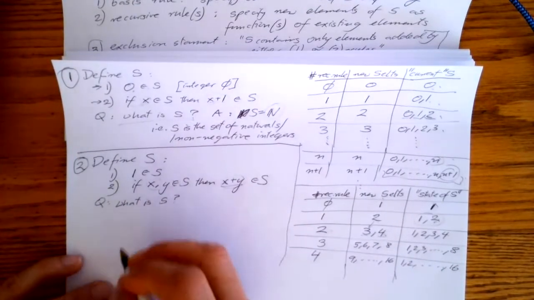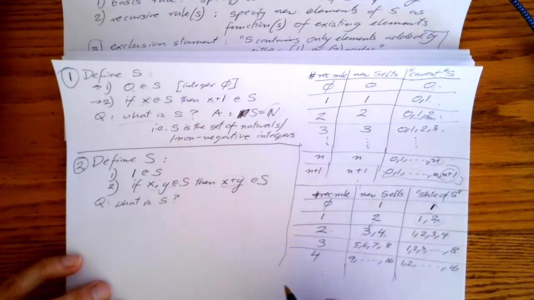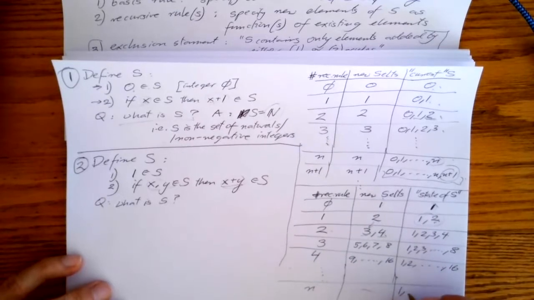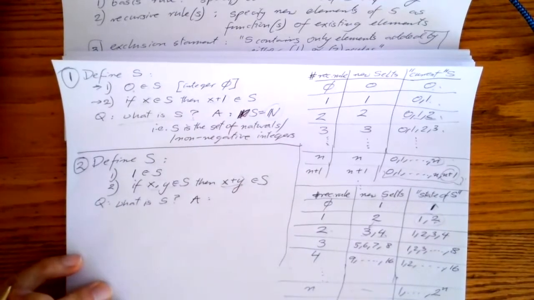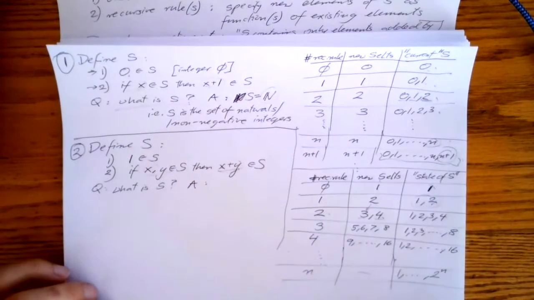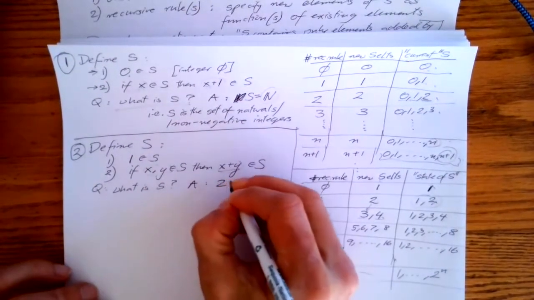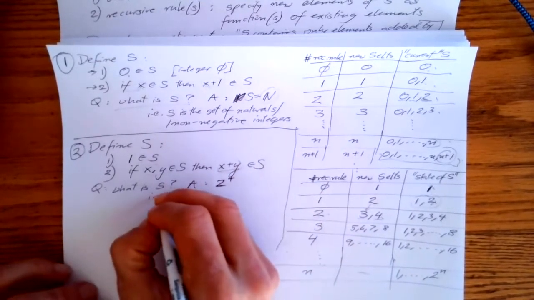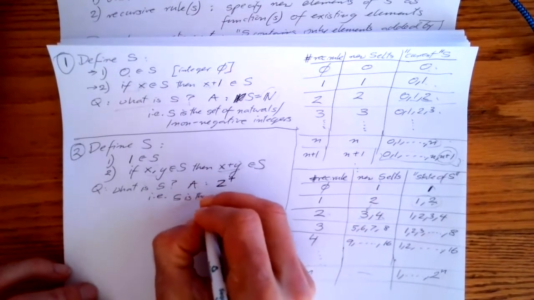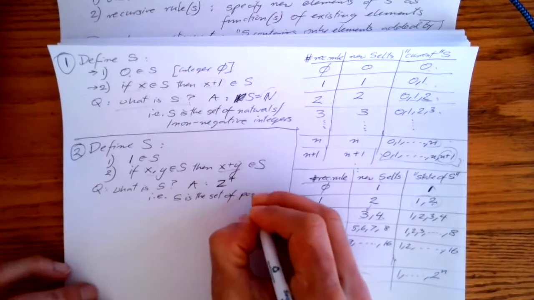So if you did this recursively, it seems that at step n, what you get is everything from 1 to 2 to the n. So what is that set? It's Z plus, i.e., S is the set of positive integers.